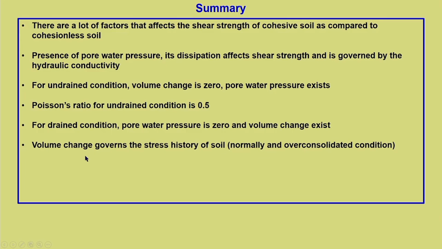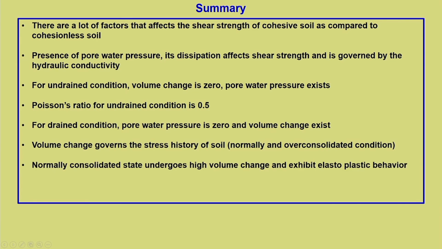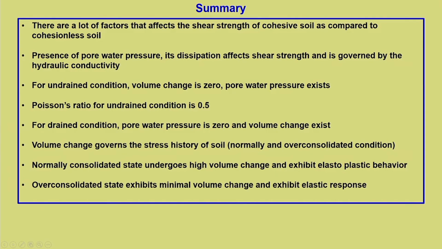So, volume change governs the stress history of soil, that is, how much it has been subjected to in the past. Normally consolidated state undergoes high volume change and exhibits elastoplastic behavior, and an over consolidated state exhibits minimal volume change and exhibits elastic response.